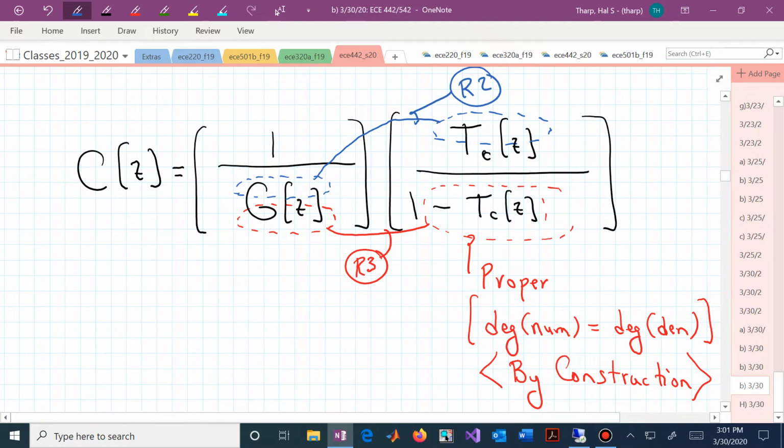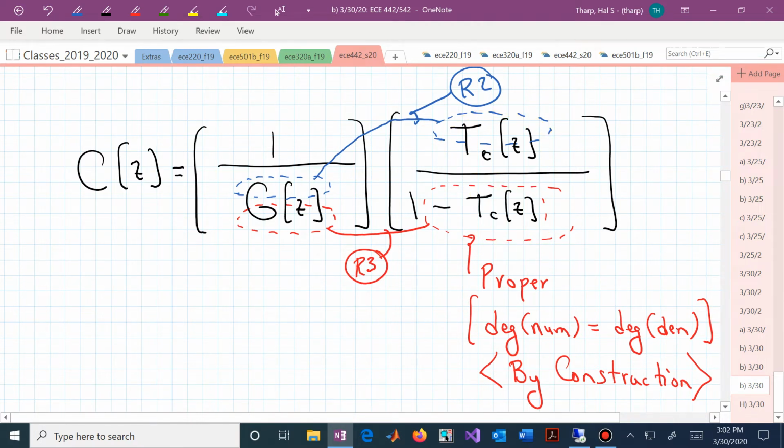And we are also trying to eliminate those unstable pole factors in G of z becoming unstable zero factors in C of z, and we're doing that by the choice of t sub c of z.